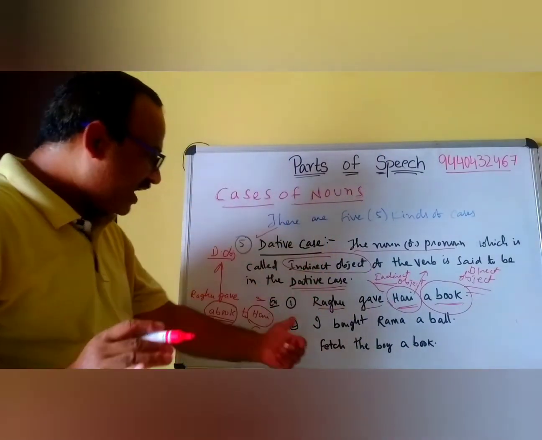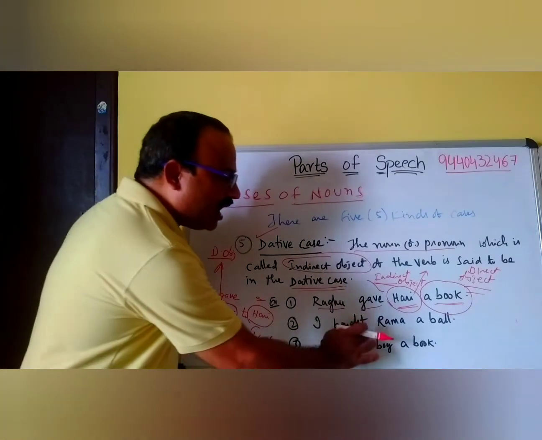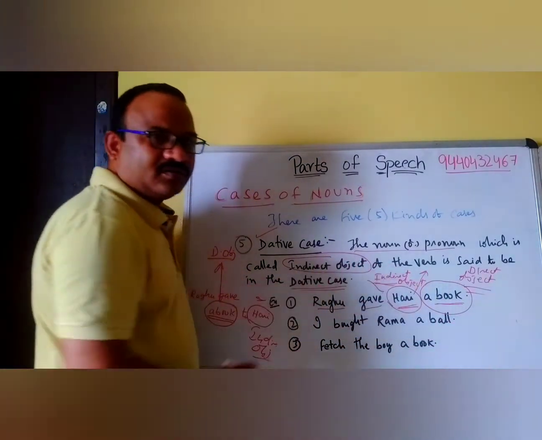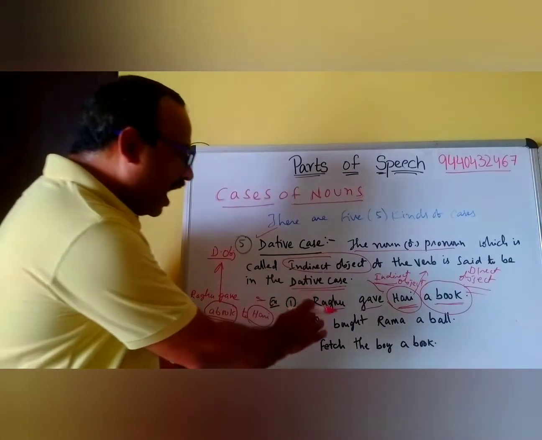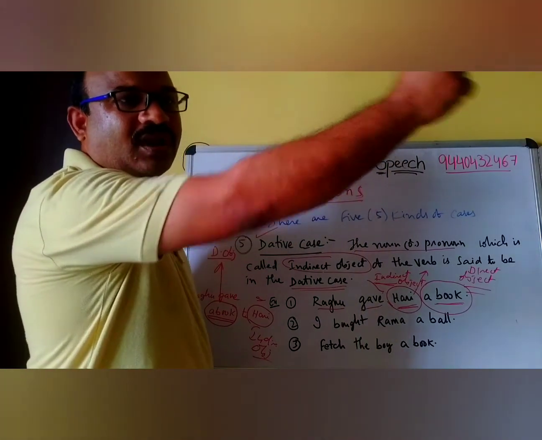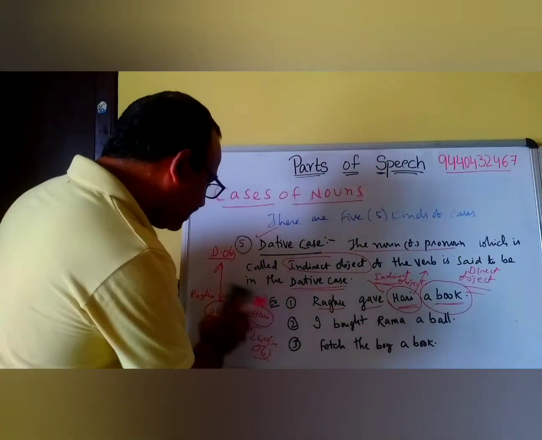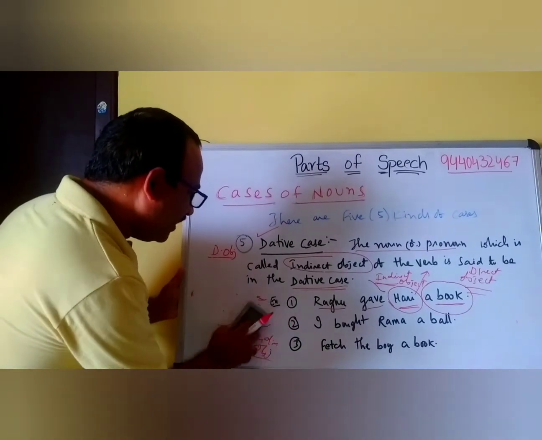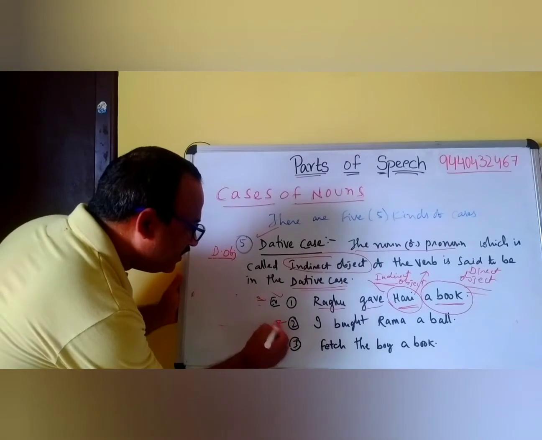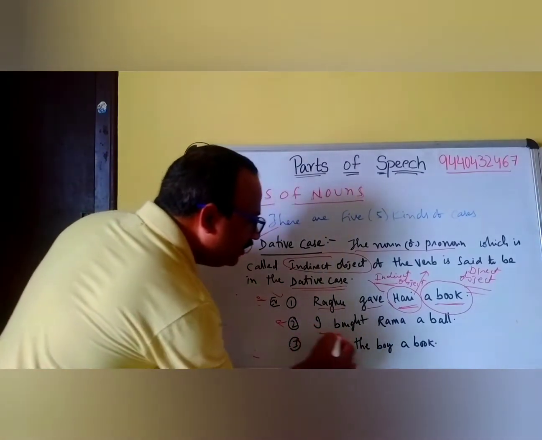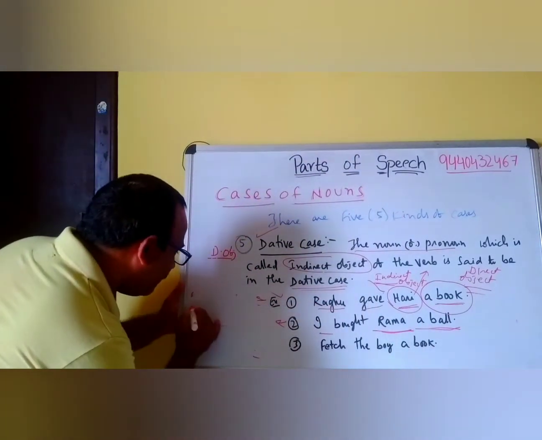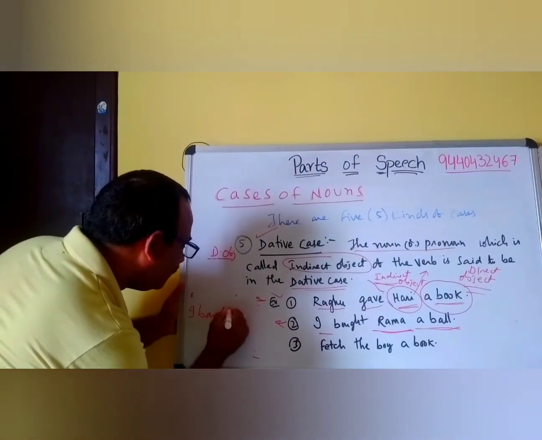Clear? Same as, I bought Rama a ball. That means I bought a ball to Rama. Same as the first sentence. I bought what?